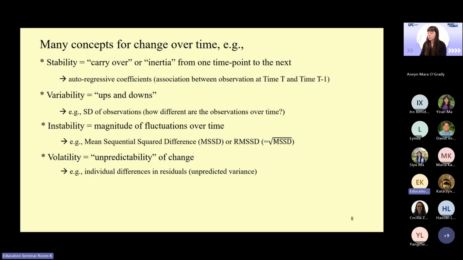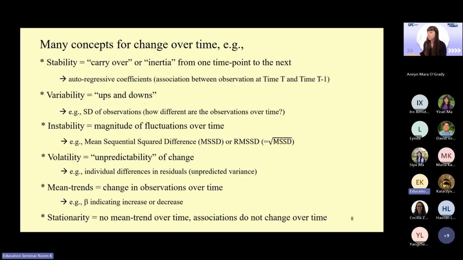This is the unpredictability of change. We can estimate whether the residuals in a model are actually different from one person to another. This is something that hasn't been done a lot yet, because we're predicting unpredictability, and we don't really know what it is that causes the unpredictability, everything that isn't measured in a particular study. But statistically, we can get that.